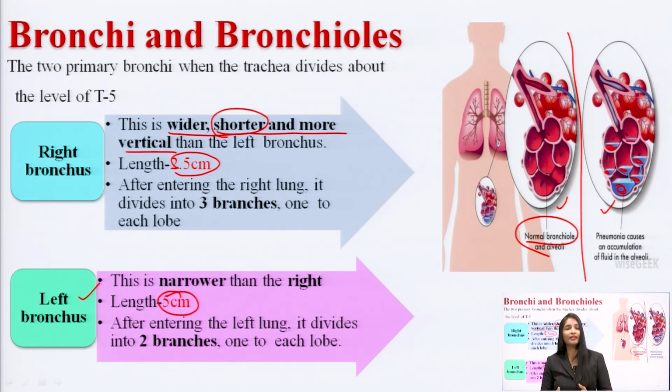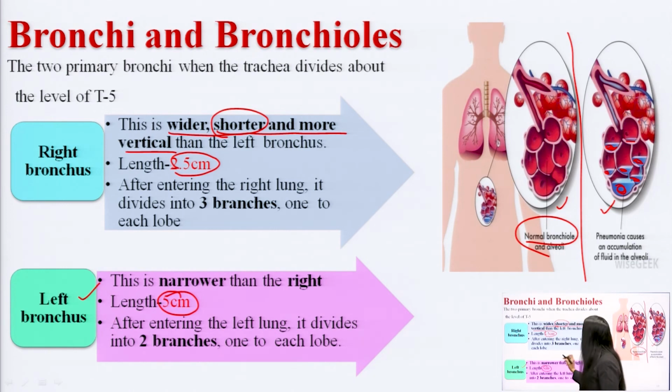After entering the lung, the left bronchus is divided into two branches. So here we discussed the right and left bronchus: the right enters the right lung and divides into three branches, and the left enters the left lung and divides into two branches.